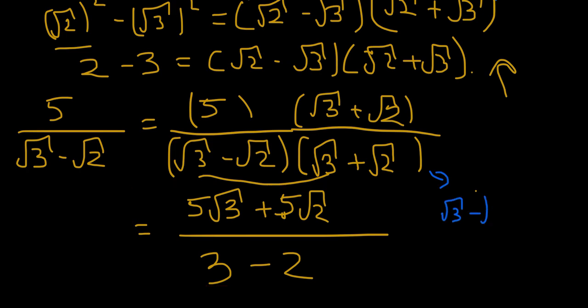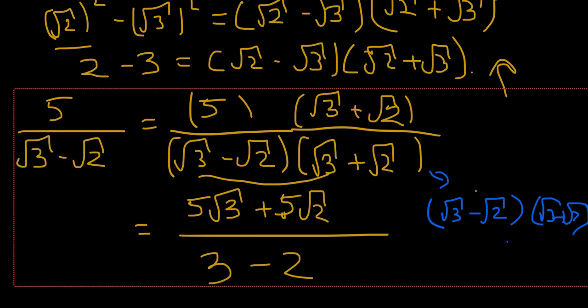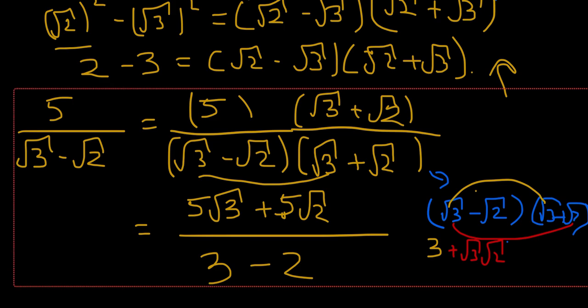Square root of 3 minus square root of 2 times square root of 3 plus square root of 2. Slightly running out of space, sorry. Okay, when we do the first by the first, we'll get 3. When we do the first by the last, we'll get root 3 by root 2. When we do the next one, we'll get minus root 2 root 3.